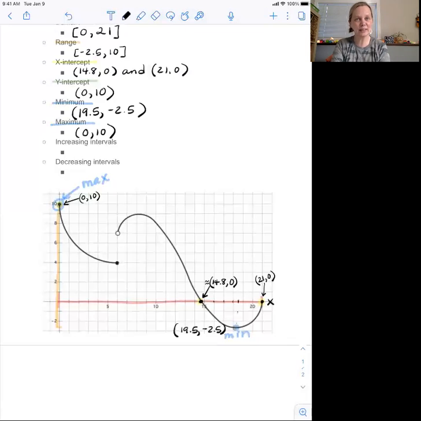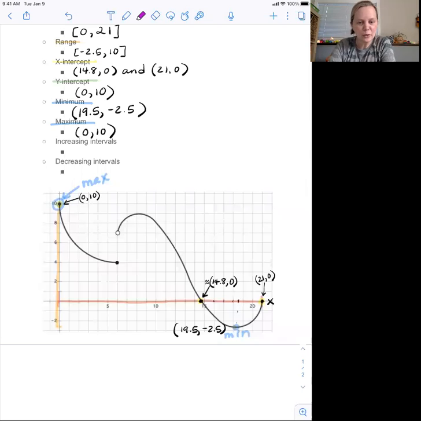We're going to look at an increasing interval and decreasing interval. Okay, let's look first at our increasing interval. So my increasing interval, this is like that pool problem when the pool was filling up and we talked about it rising and having a positive slope.